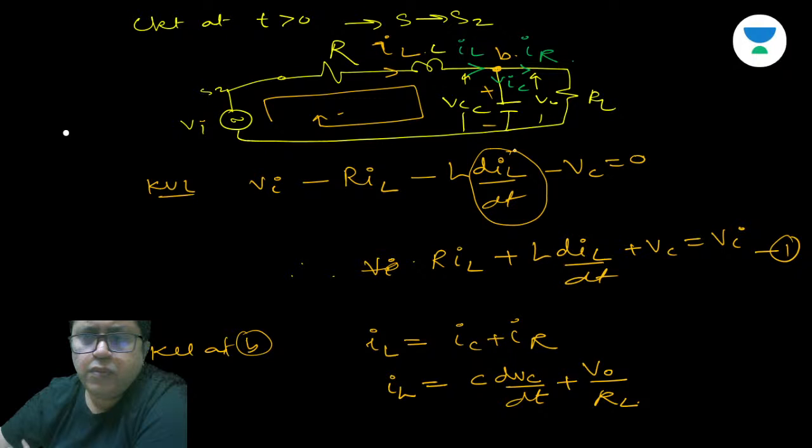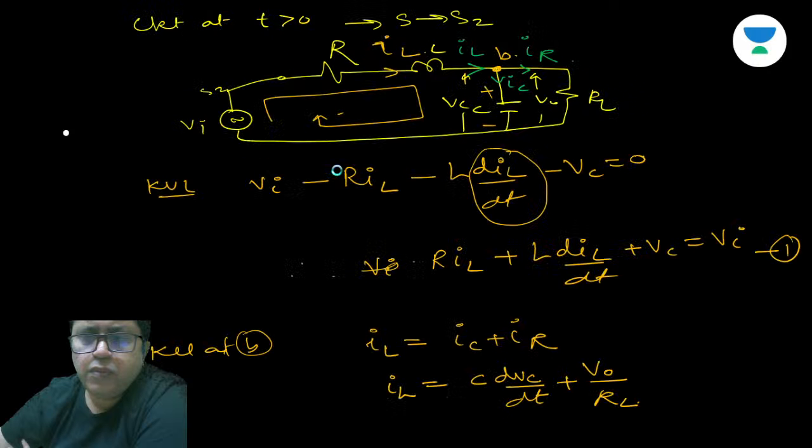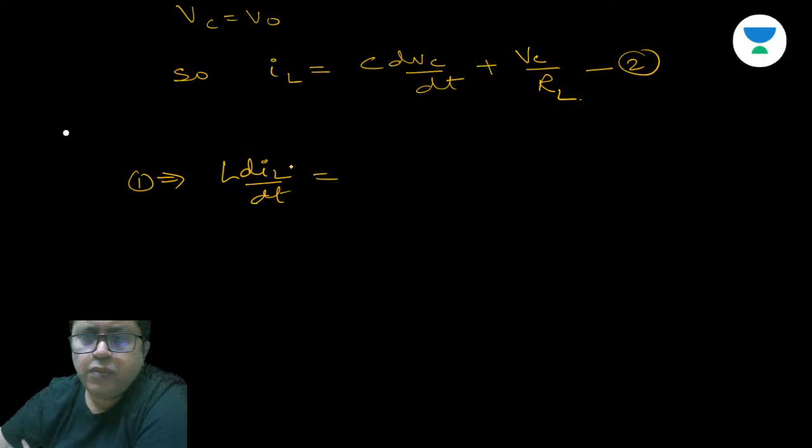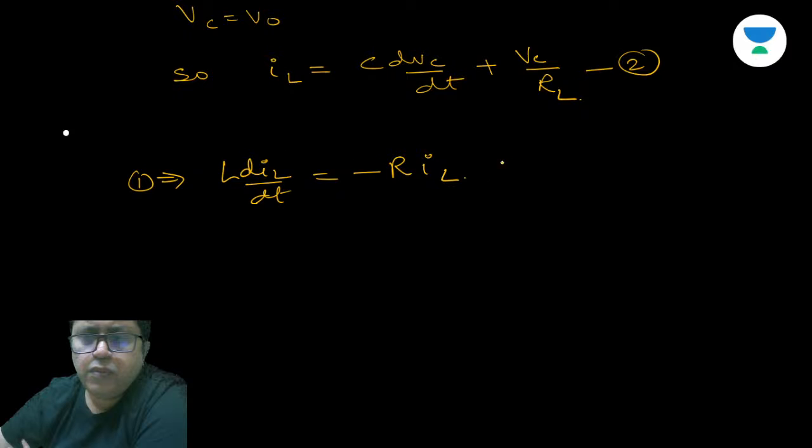Okay. So it will be L dIL by dt is equal to, let us see, Vi minus Vc minus R IL. So minus R IL, minus Vc plus Vi.